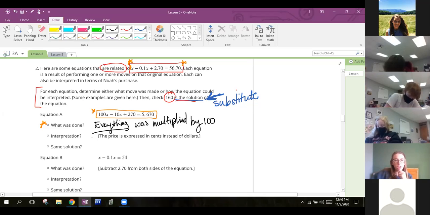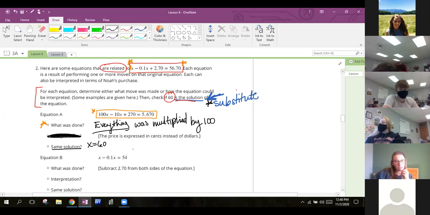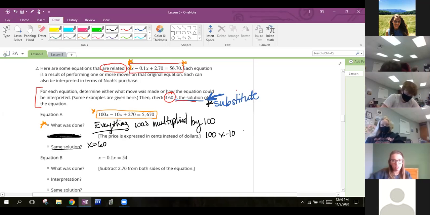Now, I don't care about the interpretation of any of these. You can just mark that out. It wants to know, is it the same solution? How did we say we were going to determine if it was the same solution? Substitute. So we said the solution was that X equaled 60. So we want to know if 60 is still the solution. So let's write down our new equation: 100x minus 10x plus 270 equals 5,670.